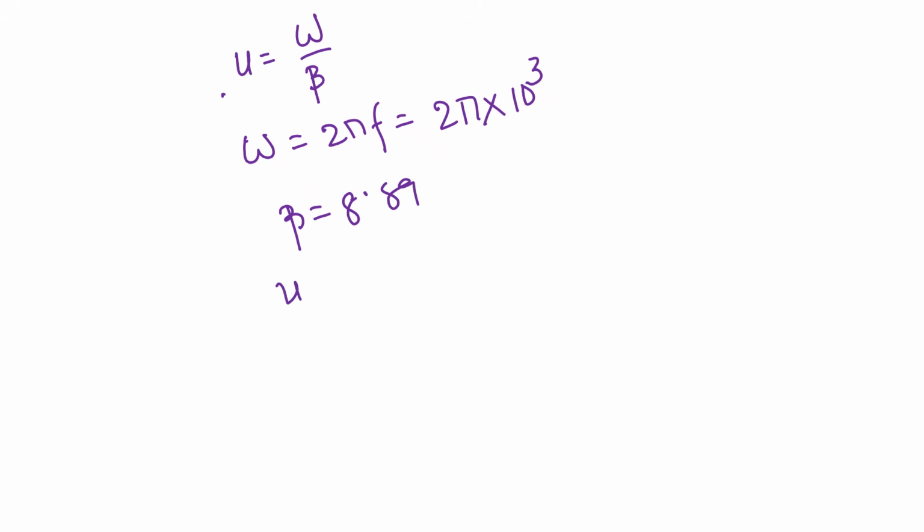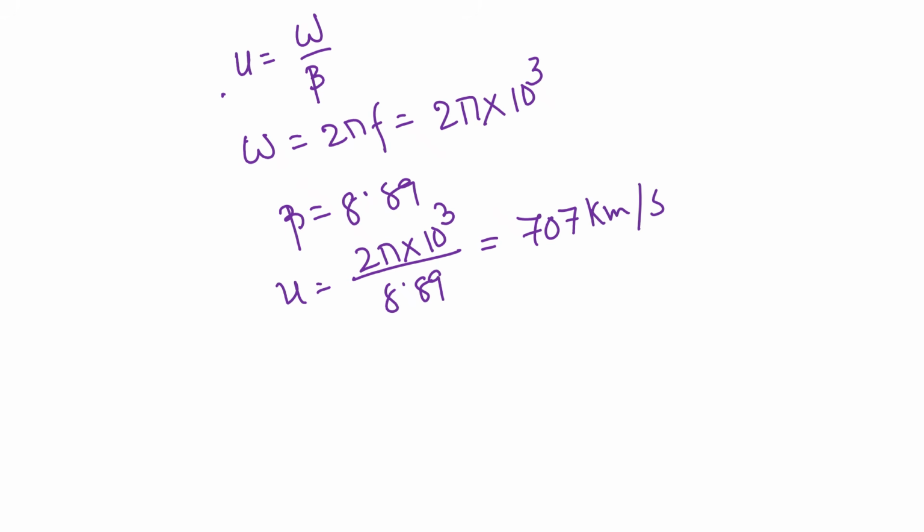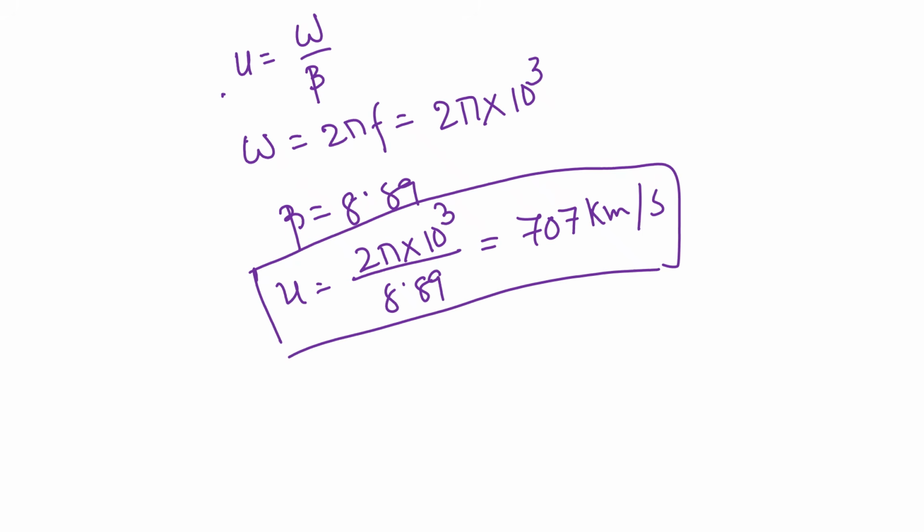So the wave velocity is u equals 2 pi into 10 cube divided by 8.89. This ultimately gives the final value as roughly 707 kilometer per second. So this will be the final value of u for this given question.